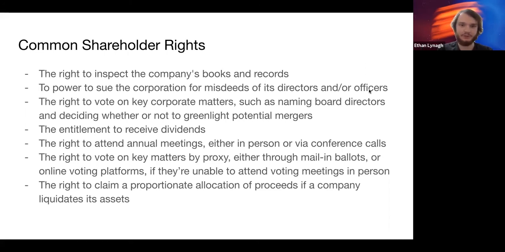The SEC also, this one's more enforced by the SEC than any actual company constitution, but if you're a shareholder of a company, you do have the legal right to sue the corporation if they mislead you in any way, including misdeeds of their directors and officers.